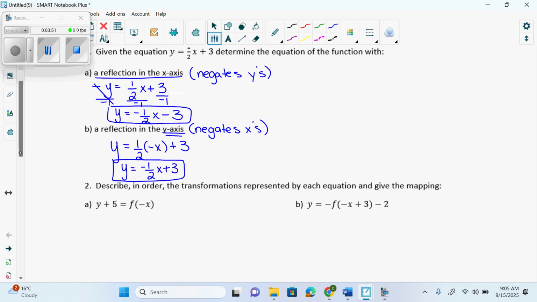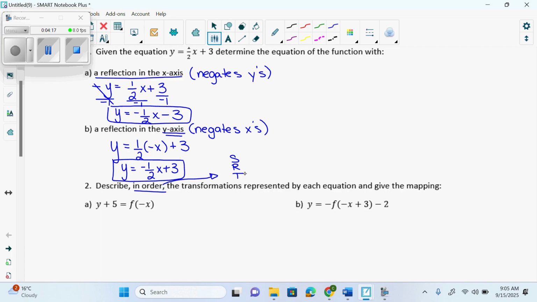Okay. Describe in order. The order of transformations is always SRT, SRT. You could get away with RST like the alphabet, and you wouldn't be wrong. The reason why is stretches and reflections multiply, transformations add and subtract. So in order of BEDMAS, you would have to go stretch, reflect first because multiplication, and then translations.